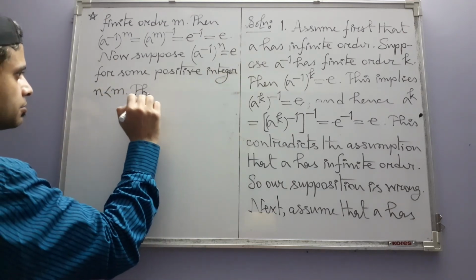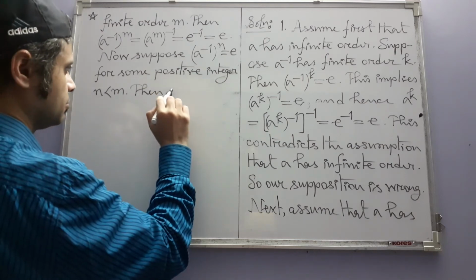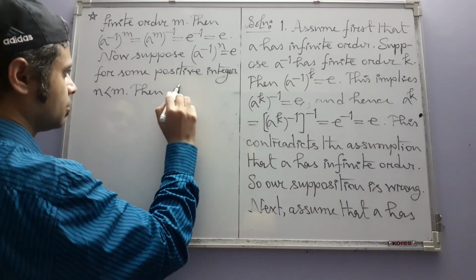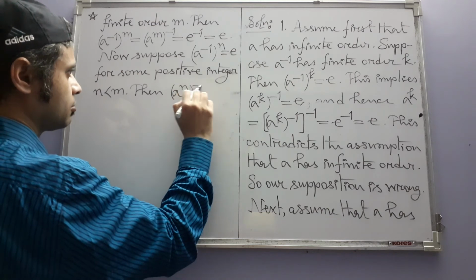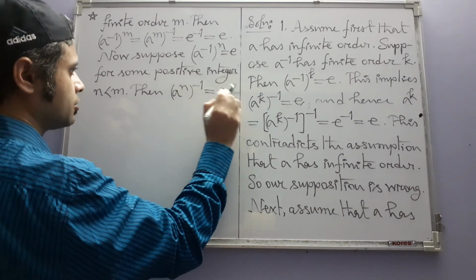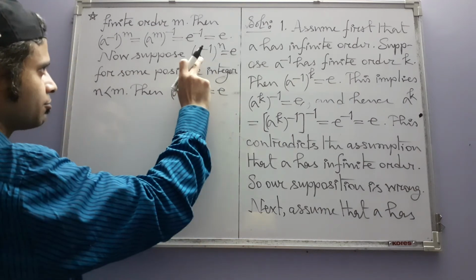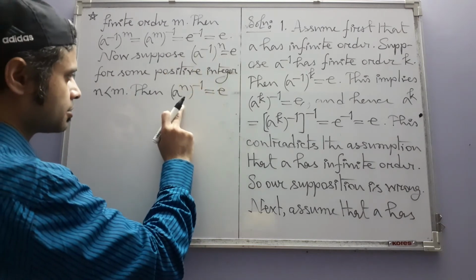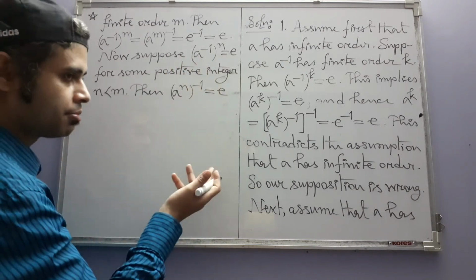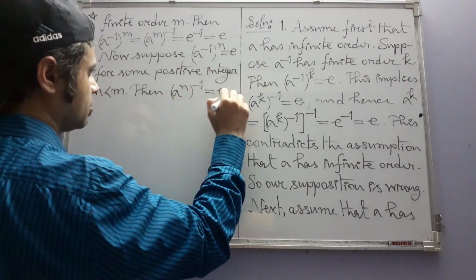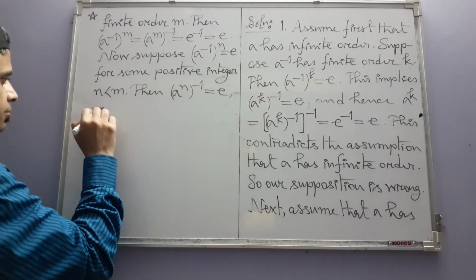then this is also equal to identity, because by the rule of exponent this will be equal to this, and both of them are equal to a to the power minus n, which implies a to the power n is identity.